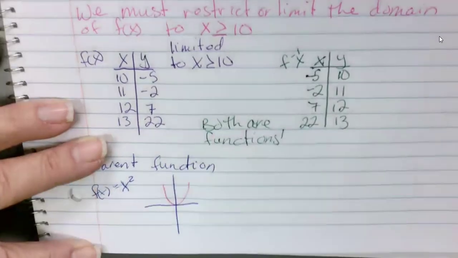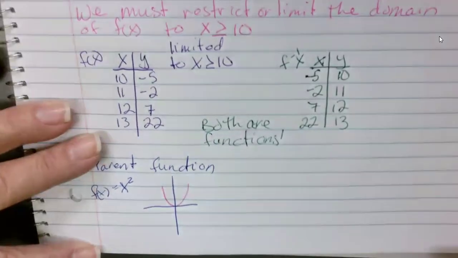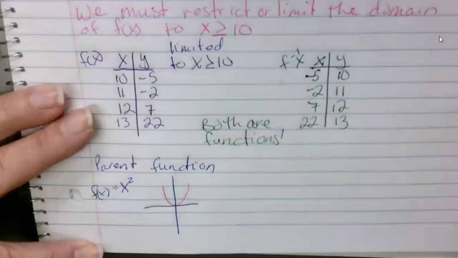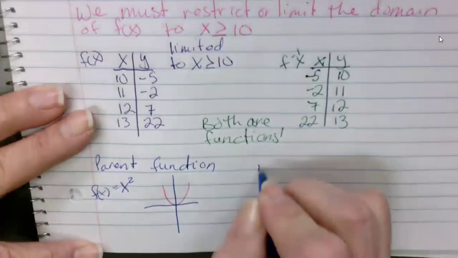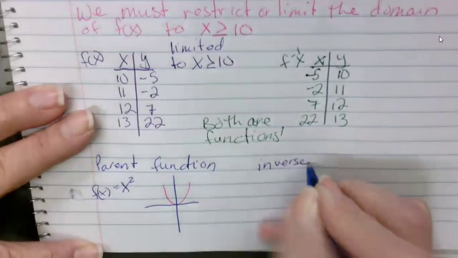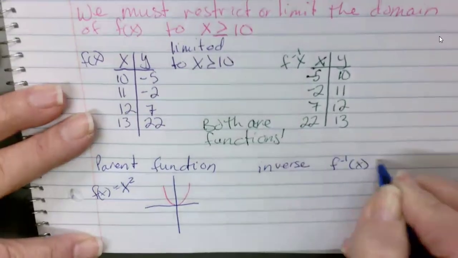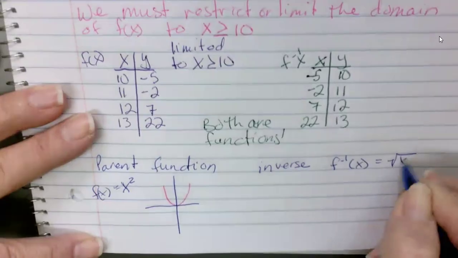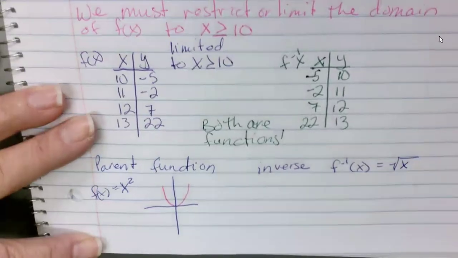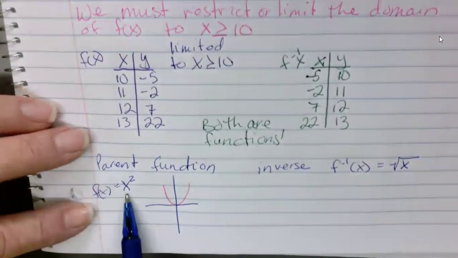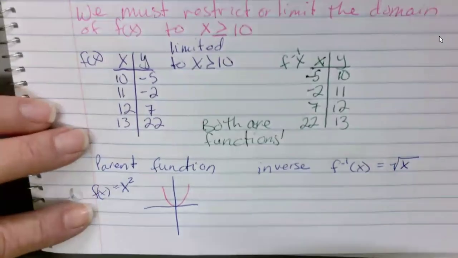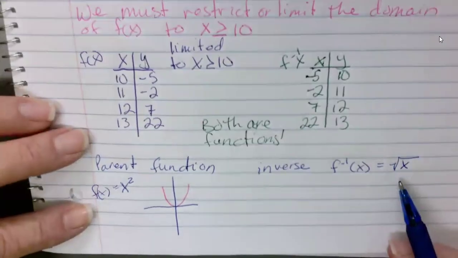It is going to be a parabola. So then the inverse of that parent function is going to be the square root of x. Some part of that quadratic being an x squared, to get the inverse, we're going to have to take the square root of something at some point.